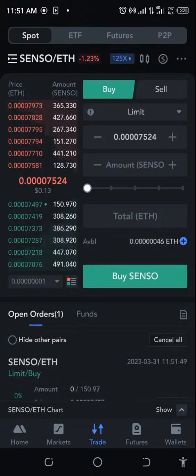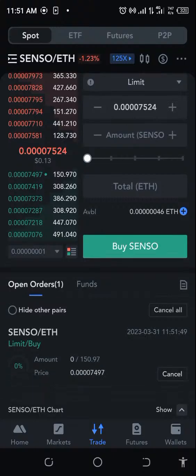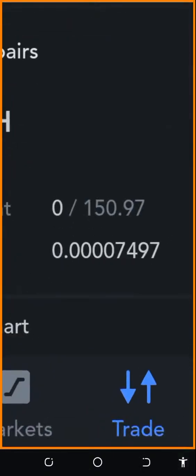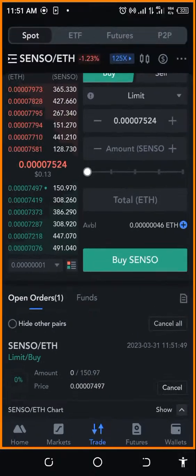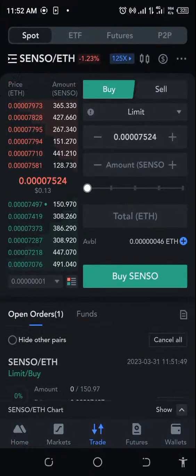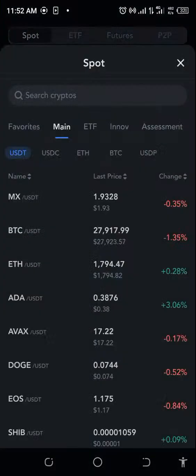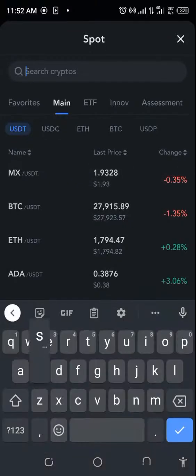So what we got was 150.97, I guess. Okay, let's quickly go and see if we sell this to Senso USDT, how much we're gonna make.